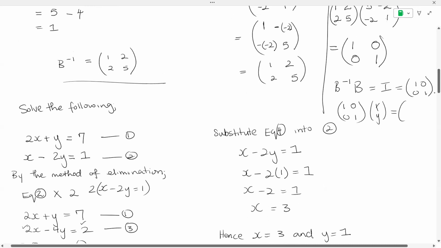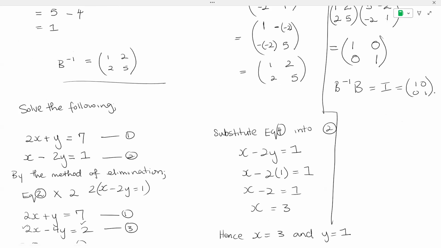Remember, it was also said that any matrix I by any matrix will give you back the matrix itself. So I is 1, 0, 0, 1 by a matrix xy should give me back the matrix xy. 1 by x is x. Add 0 by y is 0. So x add 0 is x. And 0 by x is 0. Add 1 by y is y. So 0 add y is y.